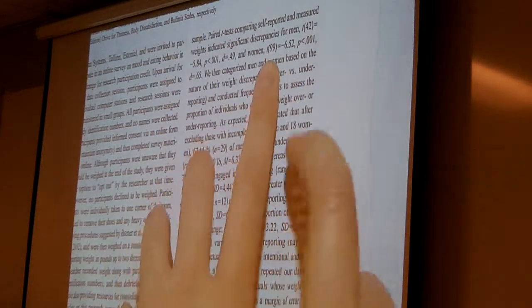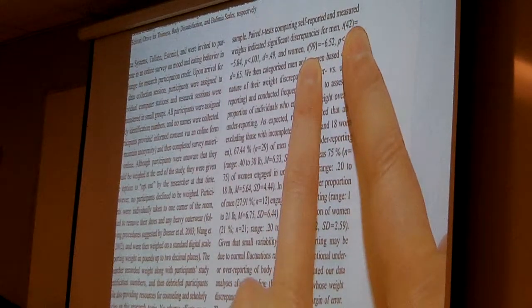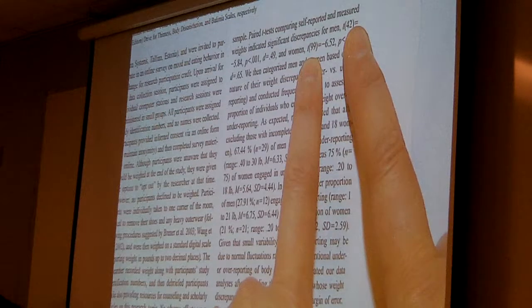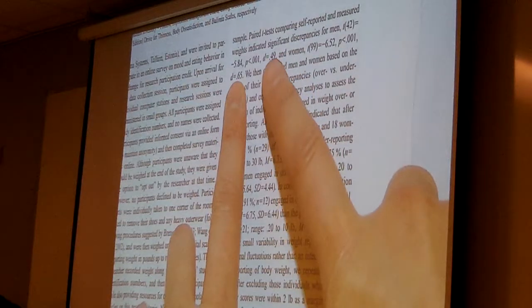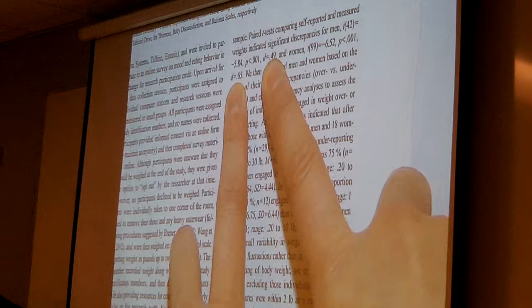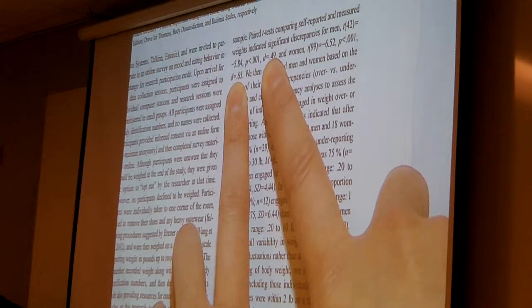Okay. So you can see here the samples. Now you're looking at these two things, and you can see how different the samples are, right? Degrees of freedom, 42 for men, 99 for women. Okay. Because the sample sizes are so different. And if we look at the effect sizes, for men, it's that small, almost medium effect. For women, it's a clear medium effect.